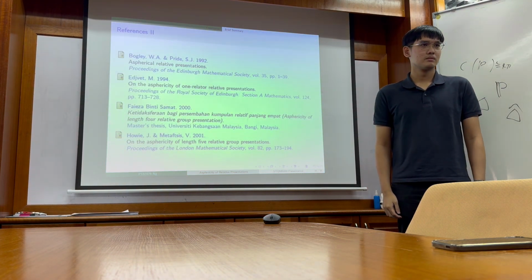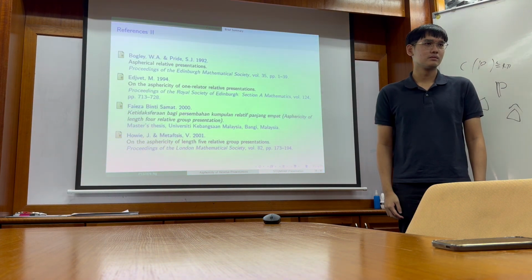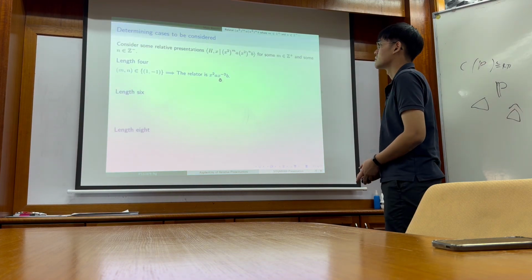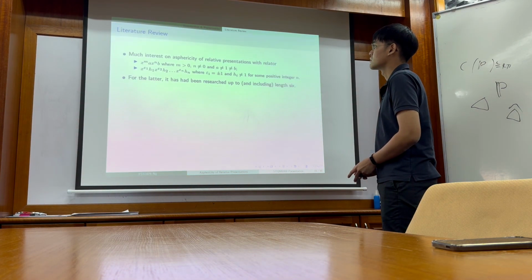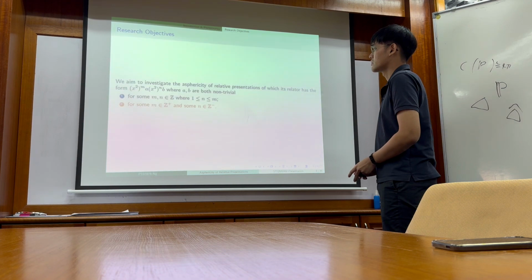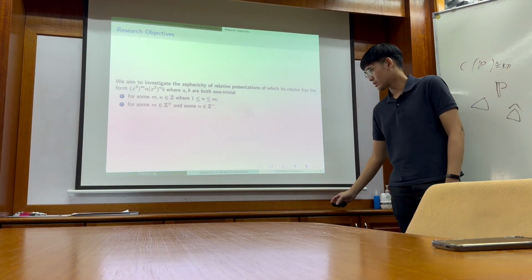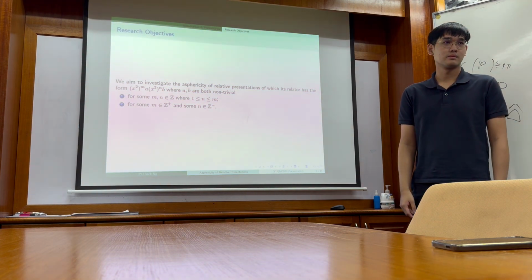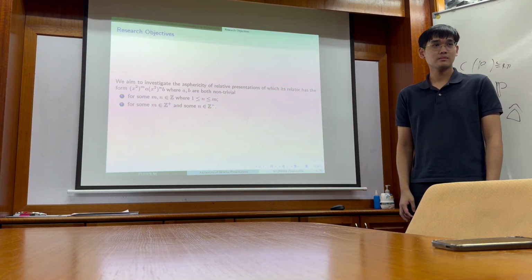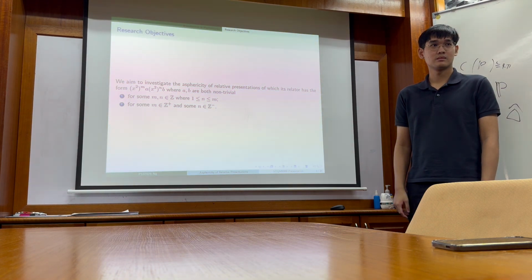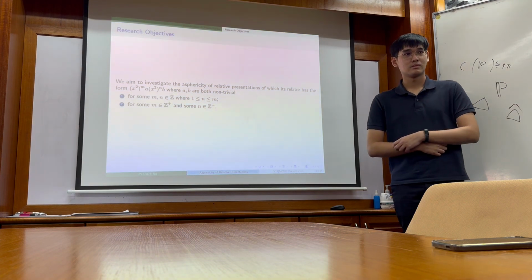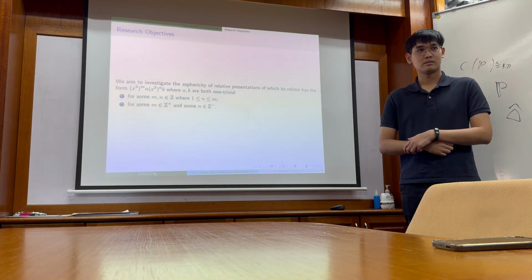One more. Can you show the objective? I'm a little bit confused with the M and N. In this case, you say that M and N are integers. In the other cases, you say M positive and M negative integers.